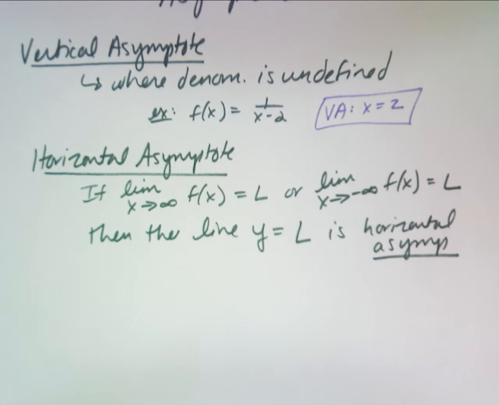If they give you a function, which they're going to give you tonight for homework, just take the limit as x goes to infinity of that function and you can figure out what the horizontal asymptote is.